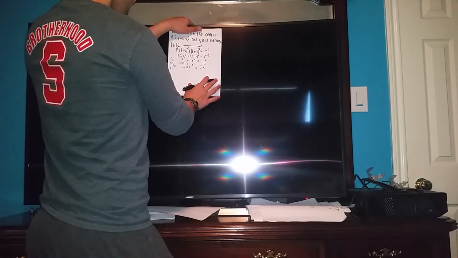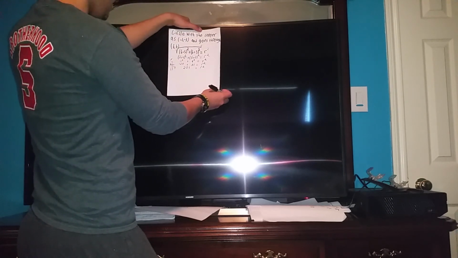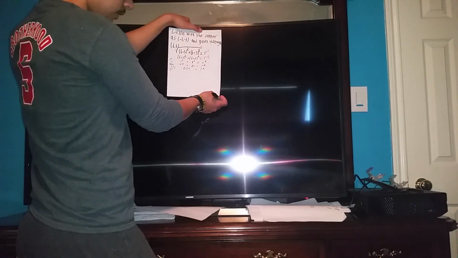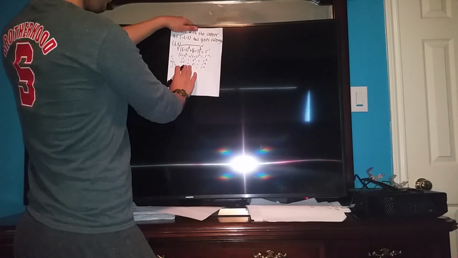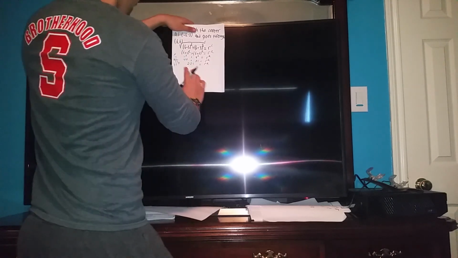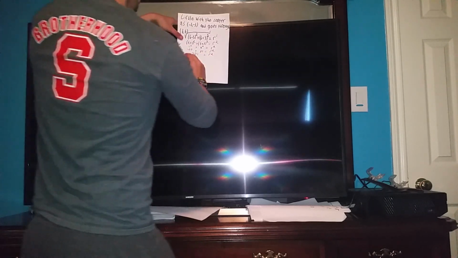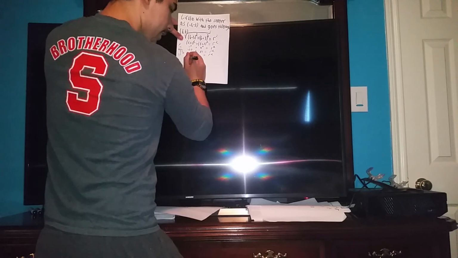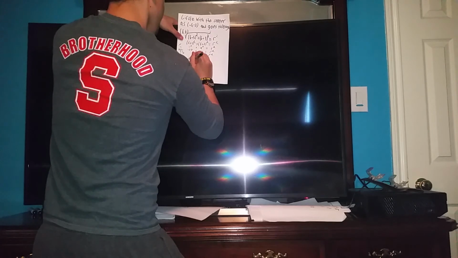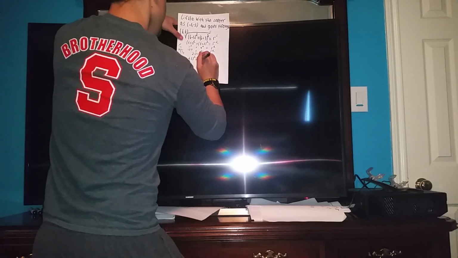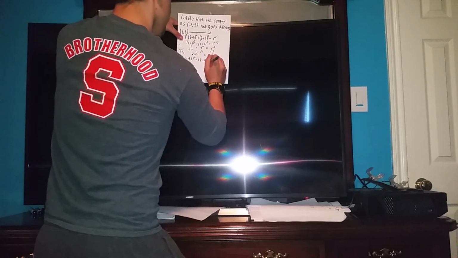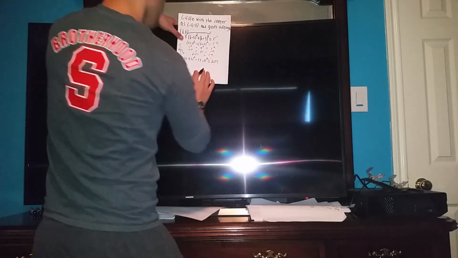Okay? So, now that we have that, we know what r squared is. Now that we know what r squared is, we can insert it into the equation. So, the final form of the equation is (x plus 5) squared plus (y plus 3) squared equals r squared.